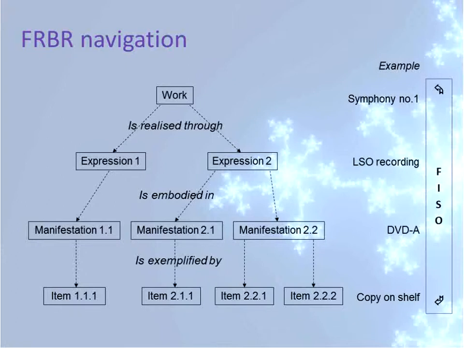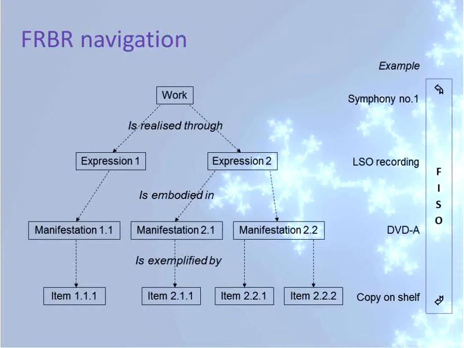So this arrangement aids navigation through the complexities of bibliographic relationships. These complexities are not realized at all in works which only exist in one expression, one manifestation, one-off printings of a work that's never translated into a different language or issued in a new edition.